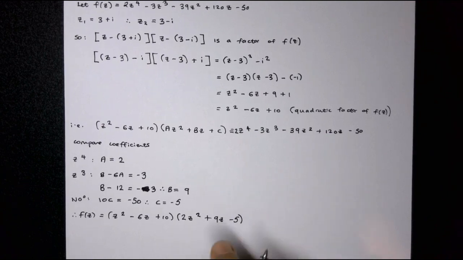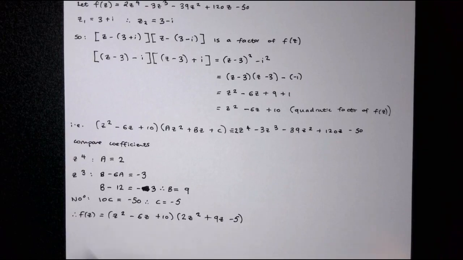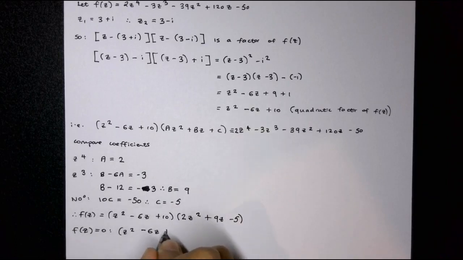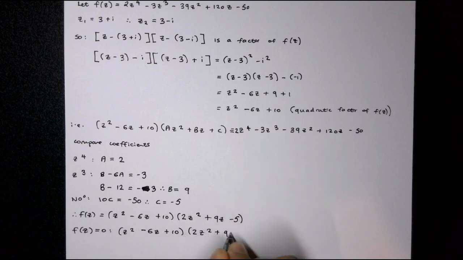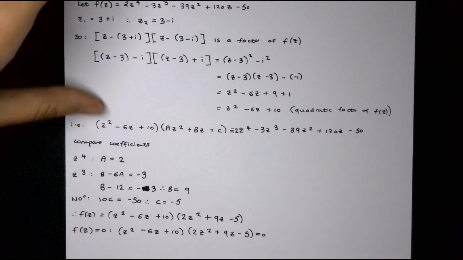And now we need to solve f of z equals 0. So here we've got z squared minus 6z plus 10 multiplied by 2z squared plus 9z minus 5 equals 0.